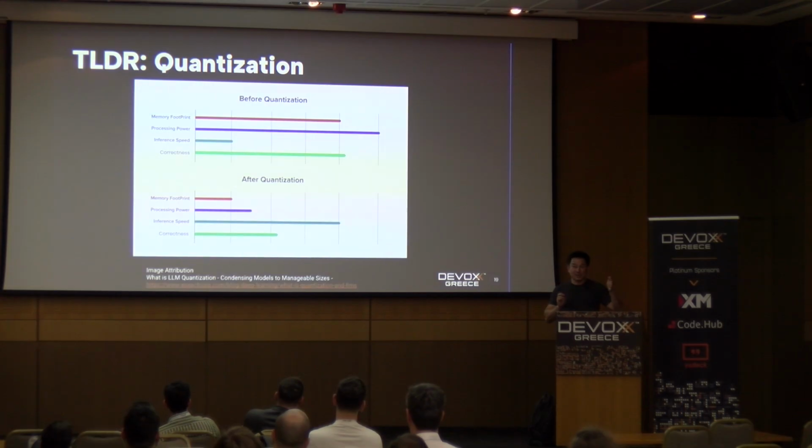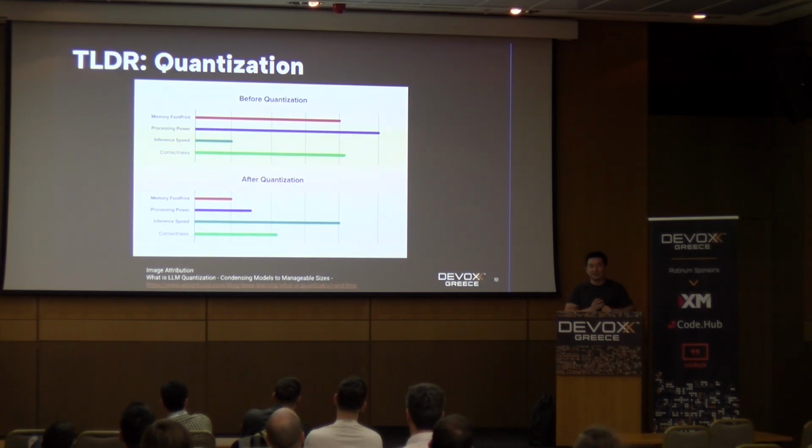That's 32 bits, but if you quantize to 8 bits, you've reduced it by 1/4, the amount of memory needed to load the model, just because you've changed the number of bits the model has to do the math problem on. Because of that, the math is easier, which means the inference speed is faster. The correctness, like I said, takes a small hit, but I wouldn't worry about that because the fine tuning fixes that.